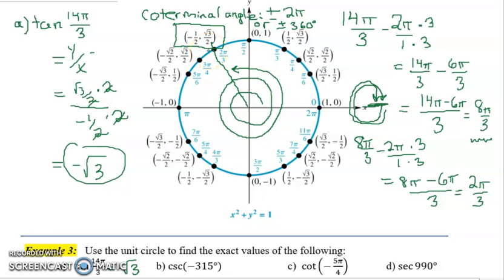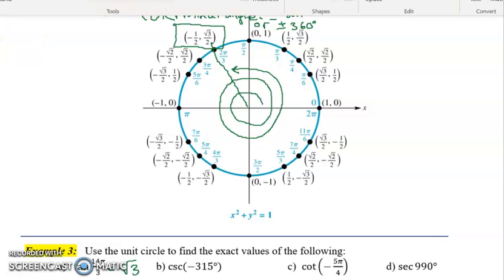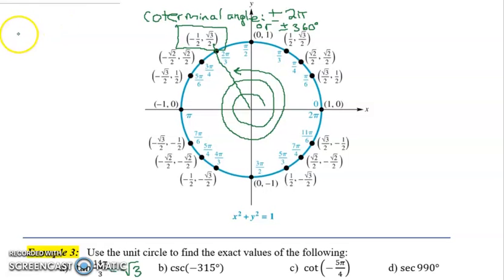All right, so I want to do the same thing for this cosecant of negative 315. Now we want to find cosecant of negative 315 degrees.